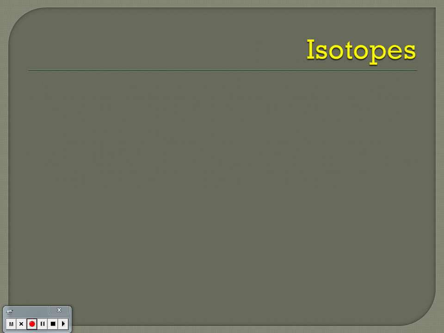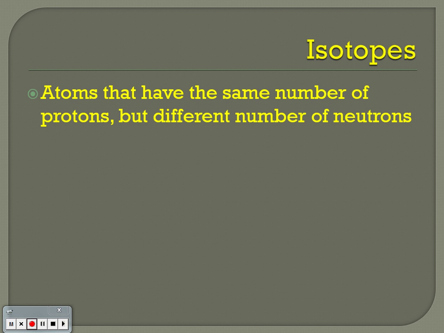Because what we have found is that certain elements come in different forms. These different forms we call isotopes. Isotopes are atoms that have the same number of protons, but a different number of neutrons.